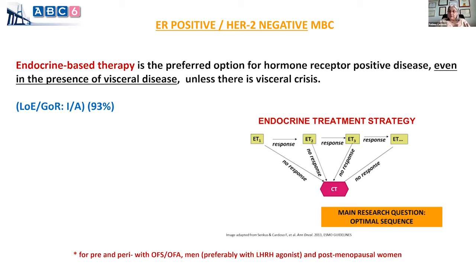And I will explain to you what this visceral crisis is. But the recommendation for this subtype is multiple lines of endocrine-based therapy, and only go for chemotherapy if there is no response, so if there is resistance, or if you are out of options. At a certain time, you are out of options of endocrine-based therapy.